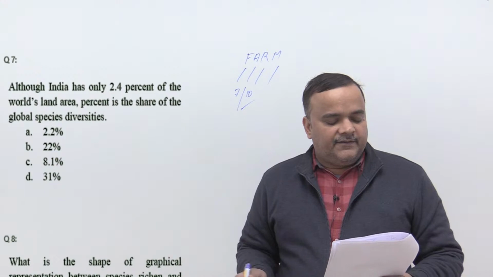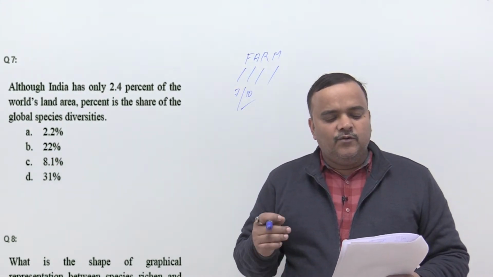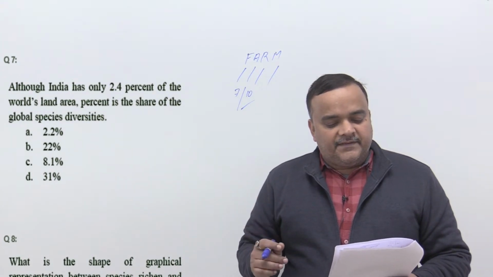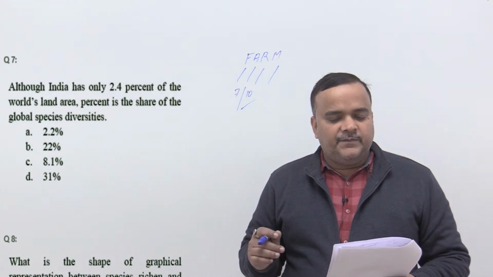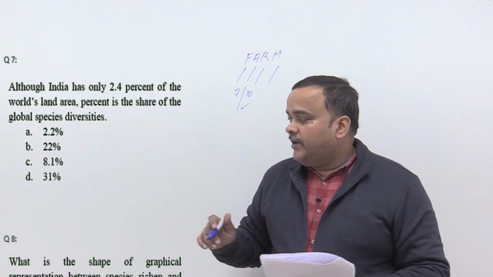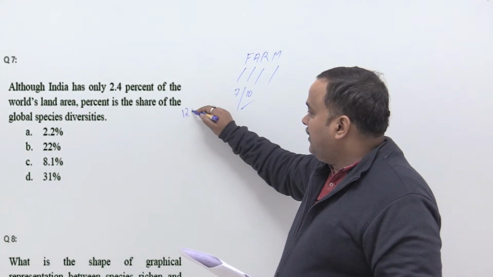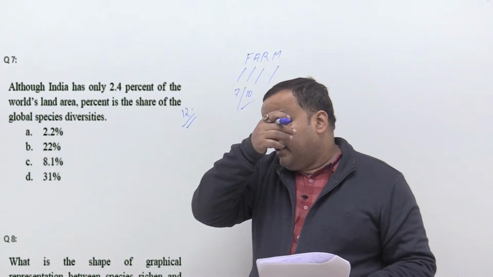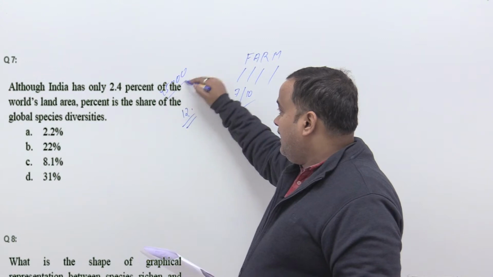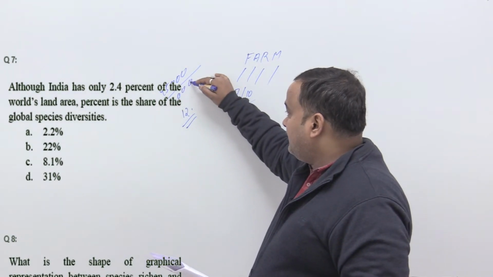Now, next. Although India has only 2.4% of the world's land area, the percent share in the global species diversity is 8.1%. And that's why India is one of the 12 mega diversity centers of the world. We have so far identified around 45,000 species of plants and twice the number of animals.